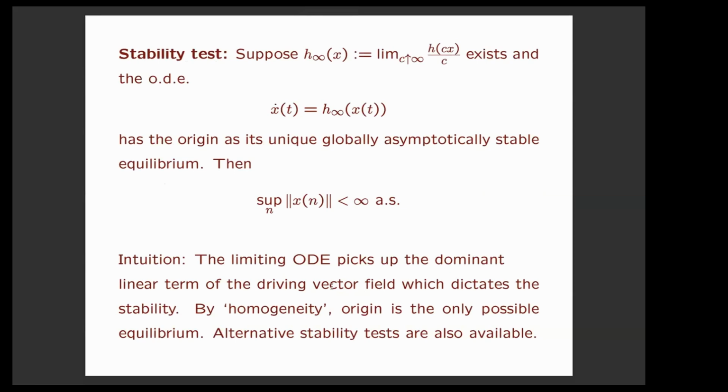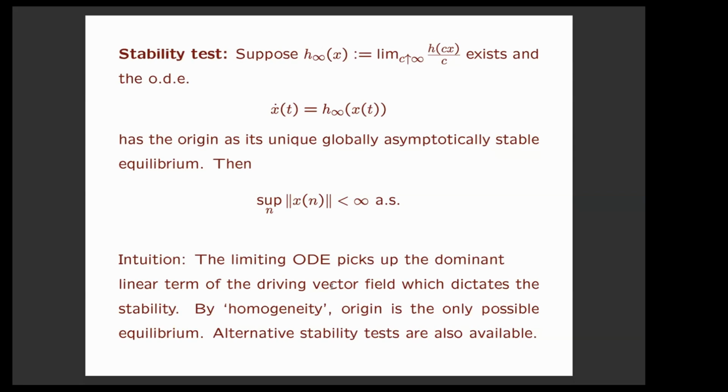Now, if the original patches are blowing up, then the rescaled patches will start approximating the limiting ODE, since you are scaling by something going to infinity. If this is coming back to the origin, these patches have to come back to the origin. And they differ from the original iterates just by a scaling factor, so the original iterates also have to start coming back to the origin. So there is the stability test. One of the stability tests is useful, but there are other stability tests also.